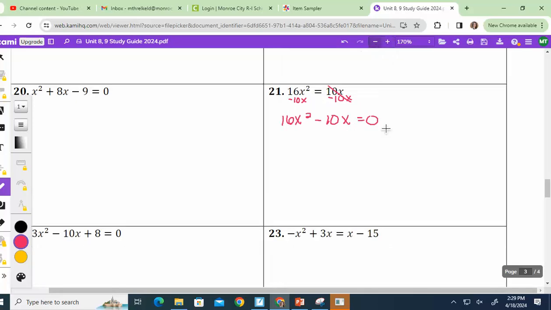First step to factoring is always to check for what? What can I take out of both of these? When you factor it out, it's like dividing. If you have 16x squared divided by 2x, what are you left with? If you have 10x divided by 2x, what are we left with?